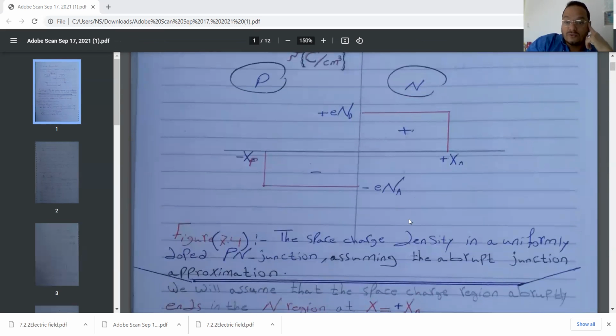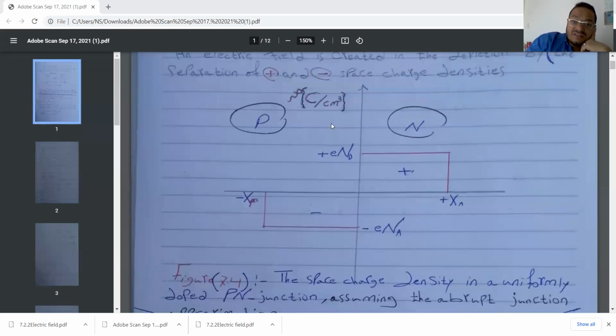And here we have two limits: minus electron charge acceptor concentration, and plus electron charge donor concentration. And here this line shows us the volume charge, and its unit is coulomb divided by centimeter to the power 3.